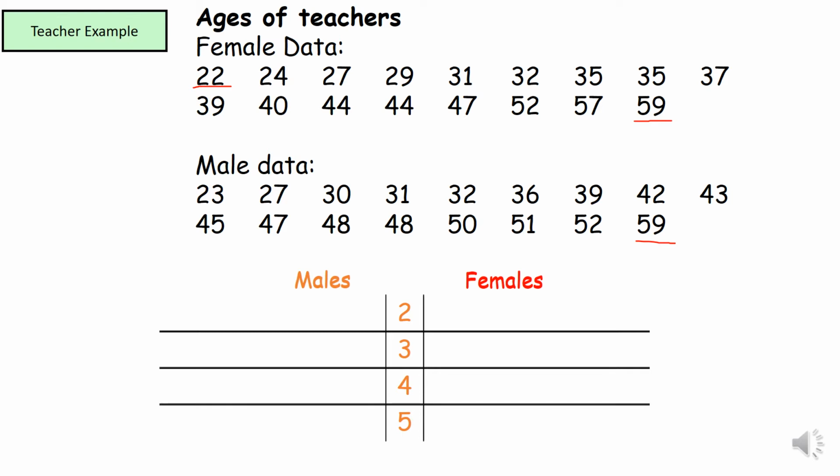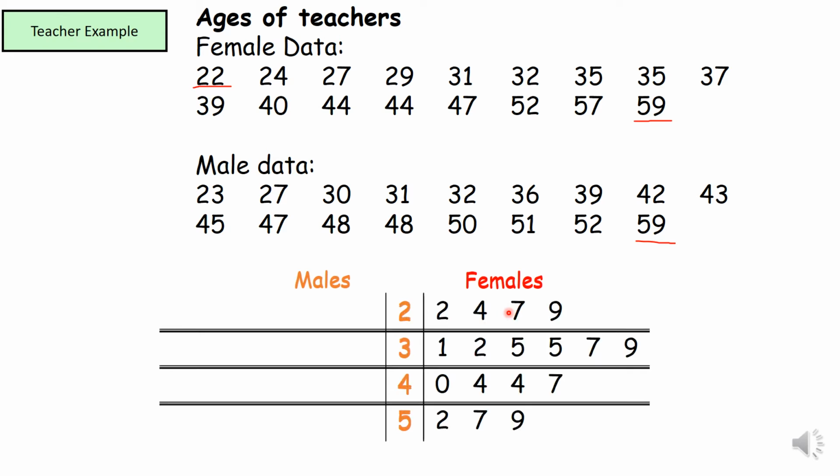So I'm going to start with females. So 22, that goes there first for the female. So 22, 2 is already there, so I need to put another 2 there. 24, 2 is there, I'll put another 4 there. 27, 2 is already there, so I'll put a 7 there. And then I complete the female part like this.